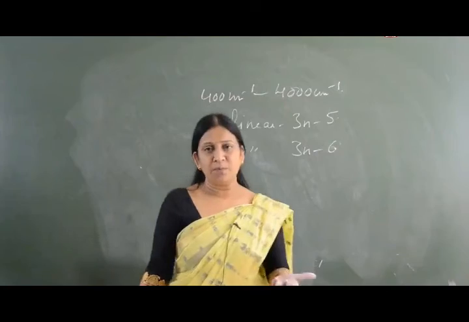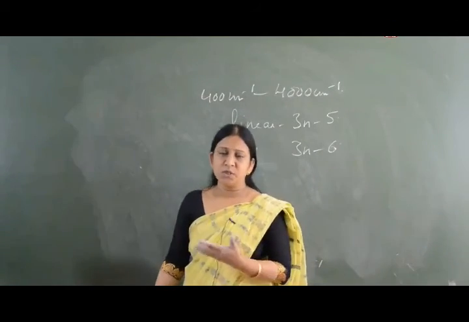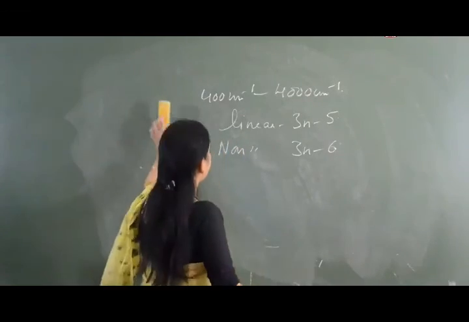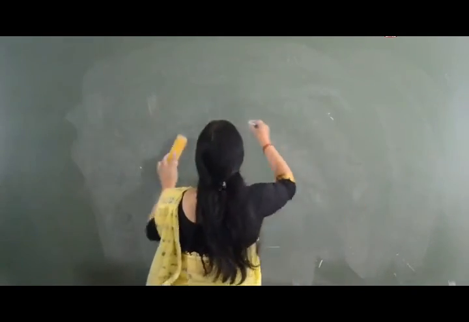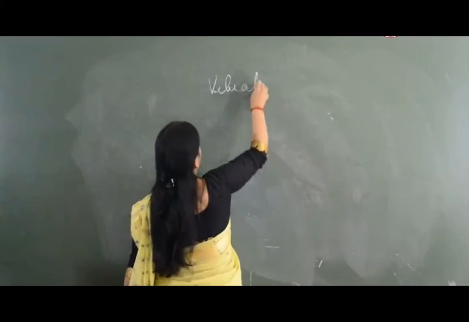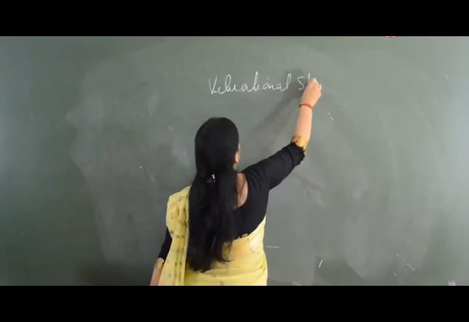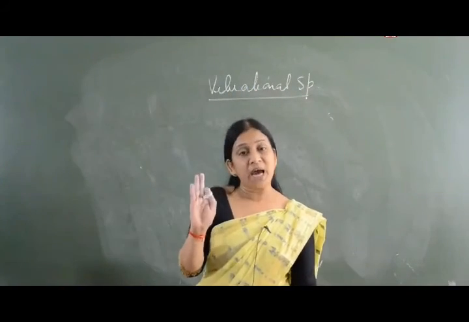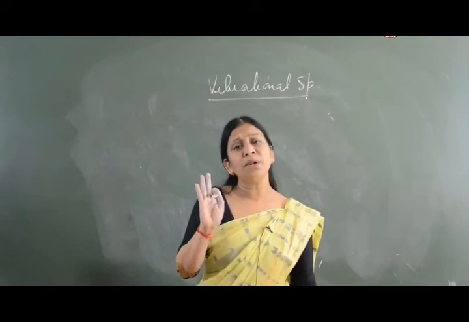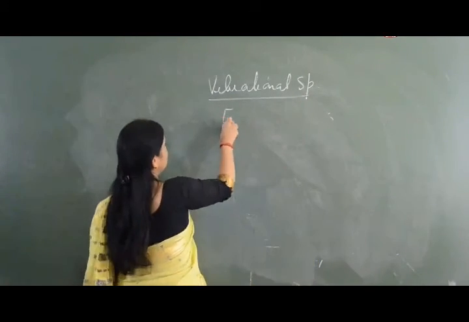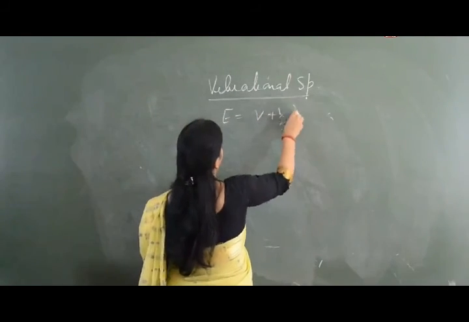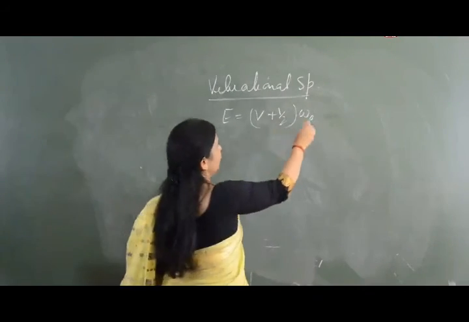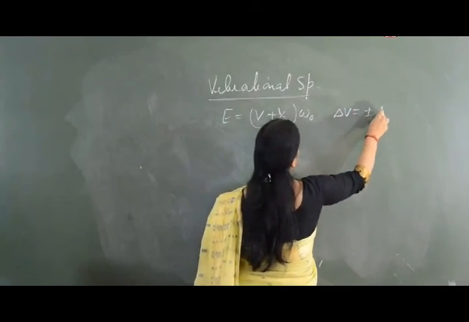Then we have types of vibration. We have two types of vibration, stretching and bending, and then different parts of stretching and bending. Then we discussed the vibrational spectra. If we consider a diatomic molecule vibrating as a simple harmonic oscillator, then the energy is given by (v + 1/2) ω0, and the selection rule followed is Δv = ±1.